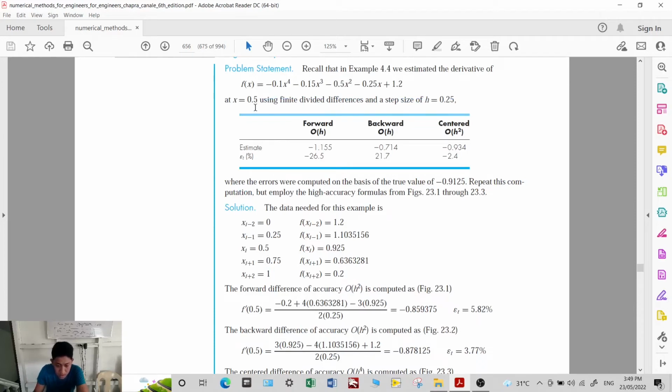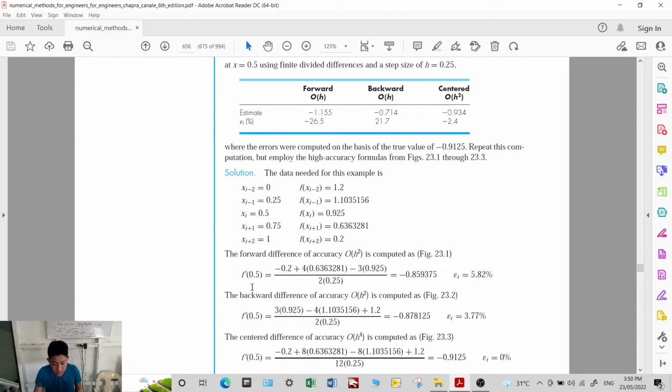Because our x starts from 0.5 and our step size is 0.25, so you go back 2 steps to the left: that will be 0.25, and then from 0.25 to 0. So you will now get f of 0, which is 1.2. And for the other x values, again, just follow the method.